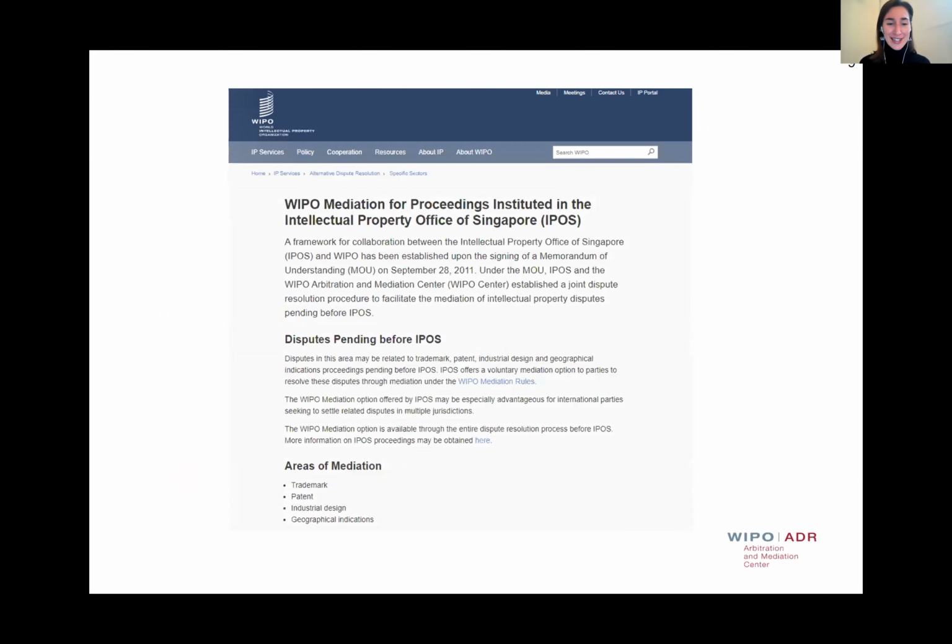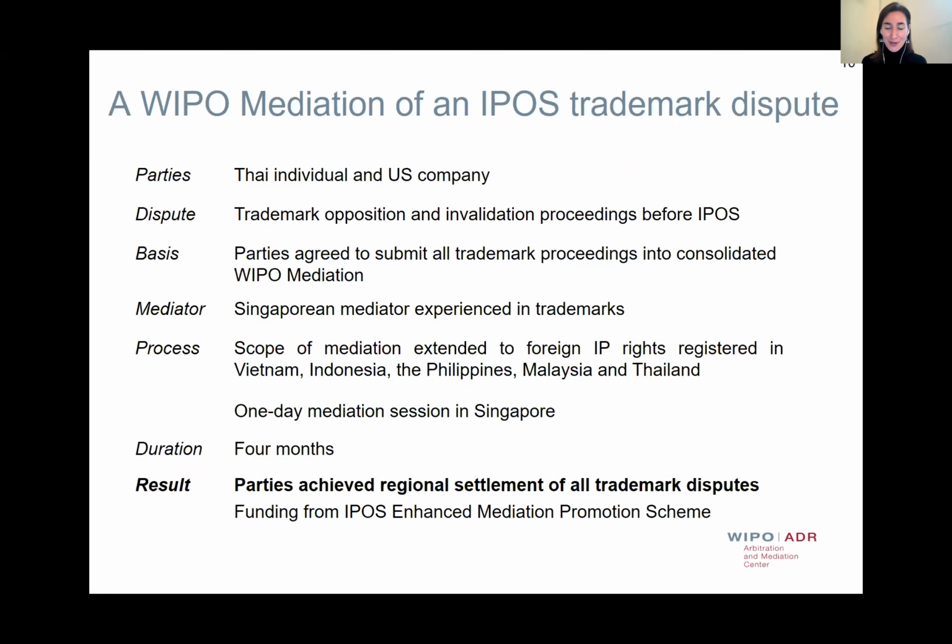And this is just a case that we have seen last year. This was a mediation of a trademark dispute before IPOS. And this was an excellent example because here we had two parties, one from Thailand and one from the US. But actually the dispute involved other 6 jurisdictions. So it was a total of 7 jurisdictions with disputes in all these places.